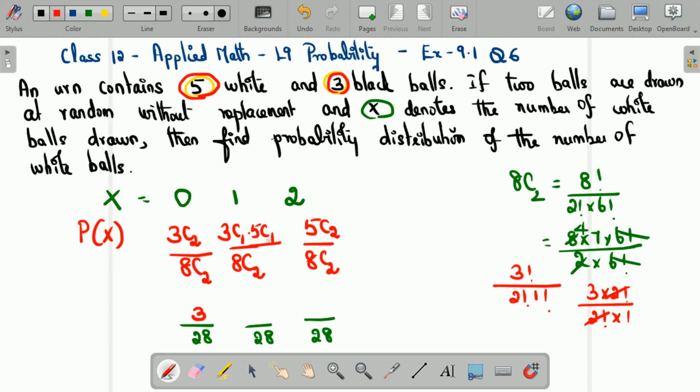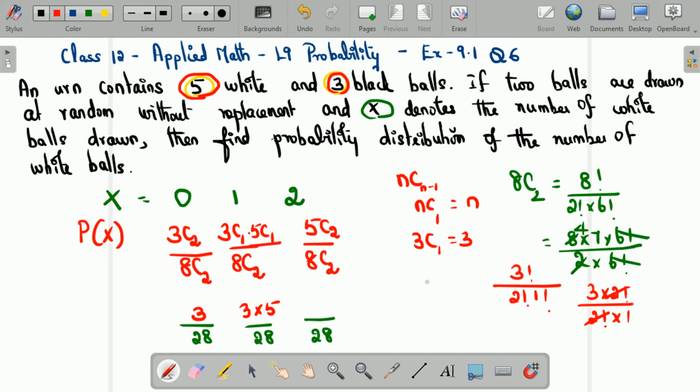Now let's work on 3C1 and 5C1. nC1 will always be equal to n. So in this case 3C1 will be equal to 3, and similarly 5C1 will be equal to 5. So in this case it is 3 into 5, 15 divided by 28.